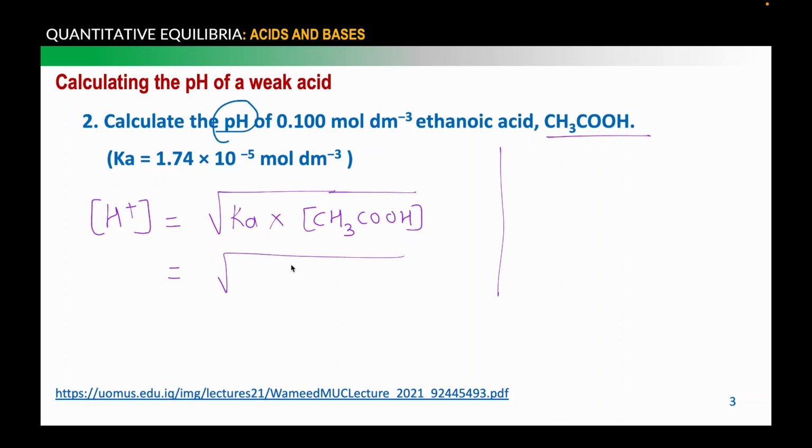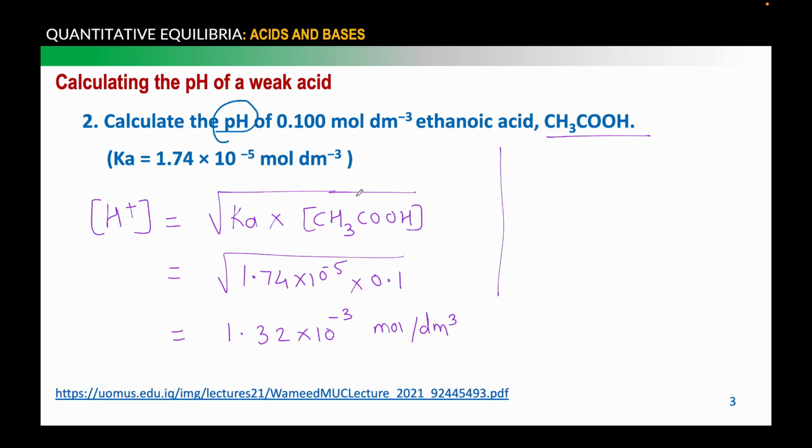And the value of Ka is 1.74 into 10 to the power minus 5 into the concentration of CH3COOH, which is 0.1. So it is equal to the root of 1.74 into 10 to the power minus 6. You can calculate from your calculators. You will get the value 1.32 into 10 to the power minus 3 mole per dm cube.